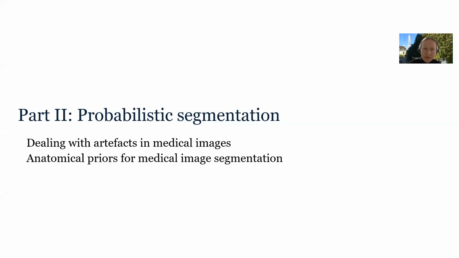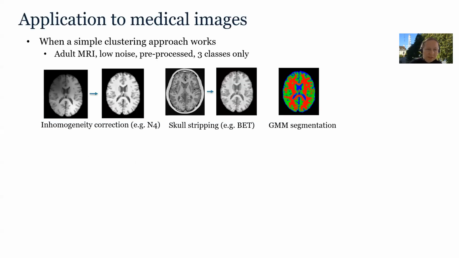In the second part of this lecture, we will show how we can design advanced medical image segmentation methods within a probabilistic framework. We have seen that simple clustering approaches can work in some circumstances. For example, this is the case in adult MRI with low noise, as long as it has been pre-processed properly.